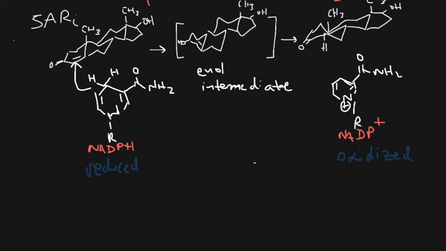And in this process, NADPH goes from the reduced form, because it has the single bonds from the hydrogens, to the oxidized form, where it loses these single bonds in the hydrogens to form the nitrogen cation. So basically, NADPH is a cofactor in the conversion from testosterone to DHT by the enzyme 5-alpha reductase. NADPH goes from the reduced form to the oxidized form by reducing the double bond in testosterone to no double bond in DHT.